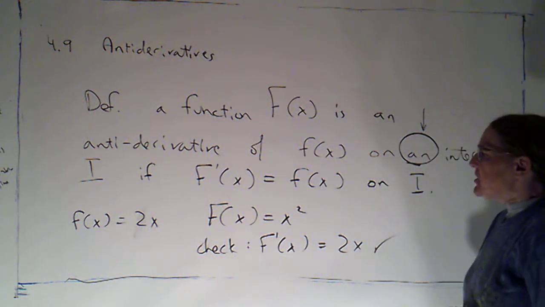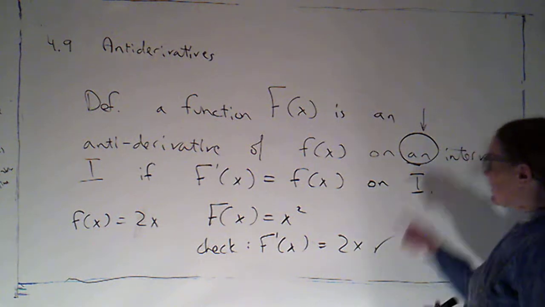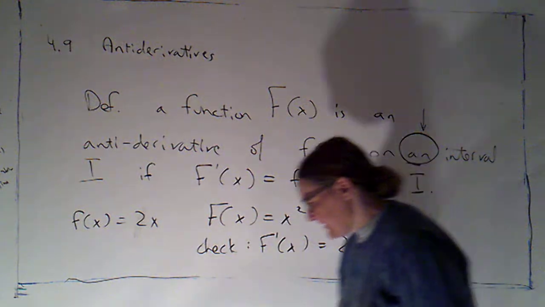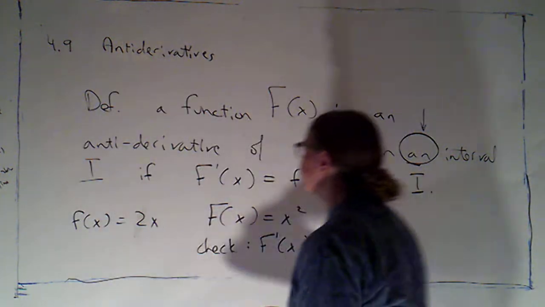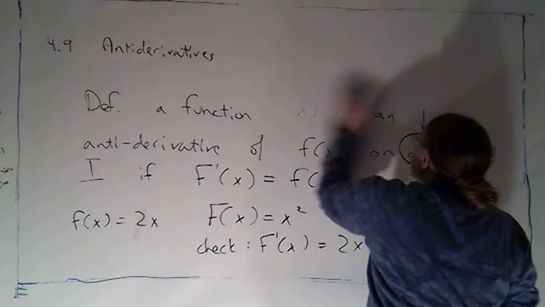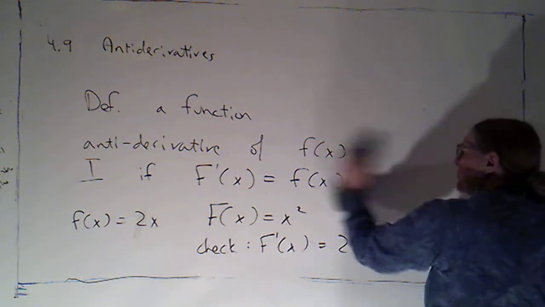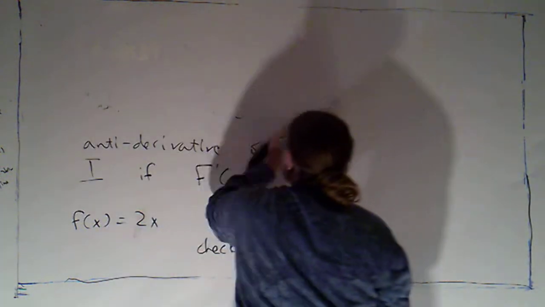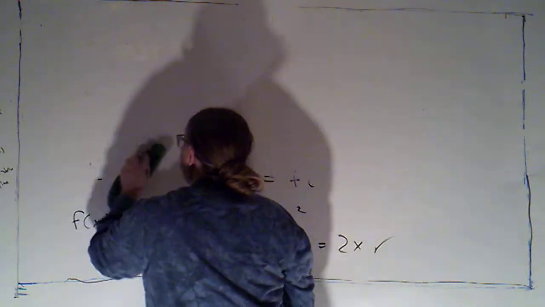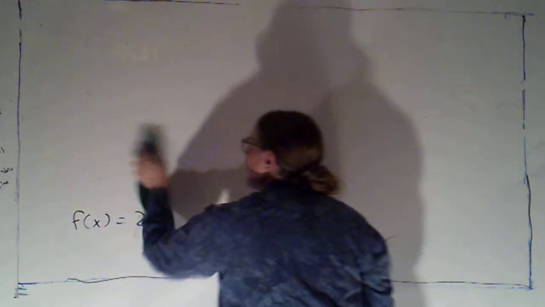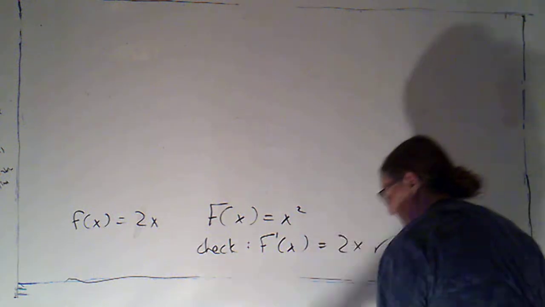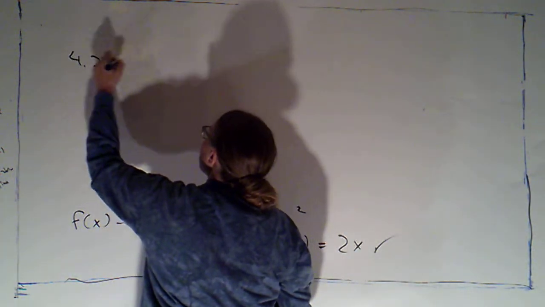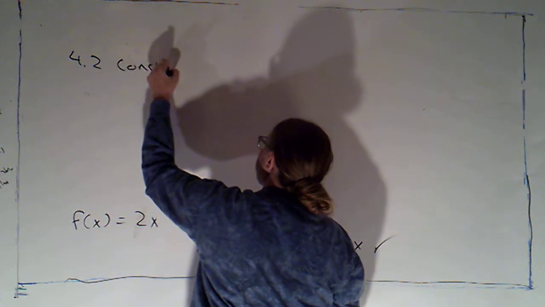So now I want to see if I can think of another function whose derivative is 2x. And we don't want to get too creative here, because if we get too creative, we're not going to get a correct answer. I want to think back to section 4.2. In section 4.2, we had something called the constant difference theorem.